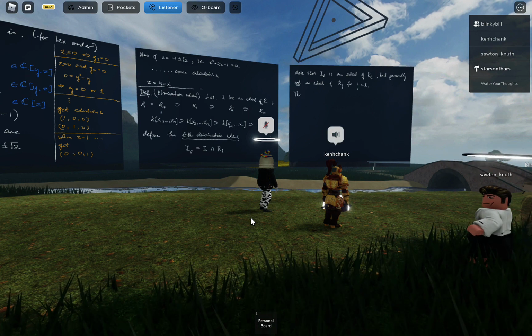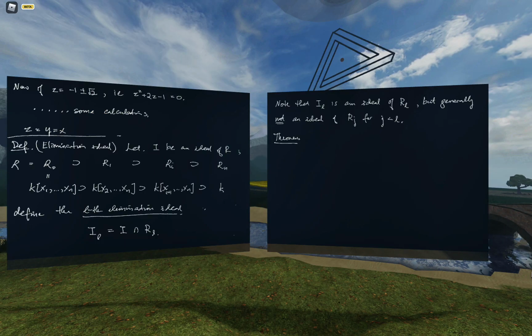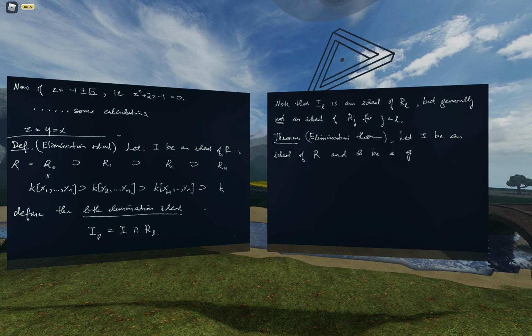So, theorem, this is called the elimination theorem. Okay, so let I be an ideal of R and G be a Grobner basis of I with respect to the Lex order.